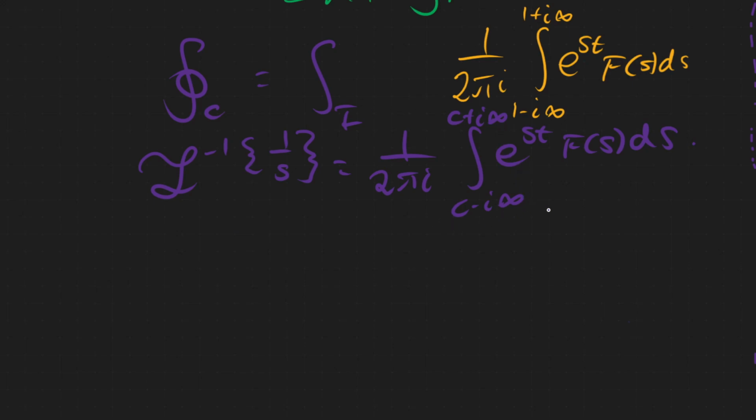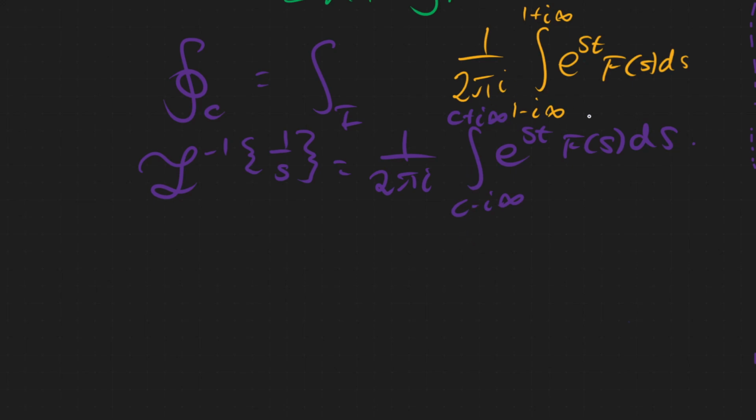What is c? Well, for this function there is a singularity at s equals 0, and c is any constant which is greater than the real part of all of the singularities of this f of s function. So here the real part of 0 is 0, so c can be any number greater than 0.